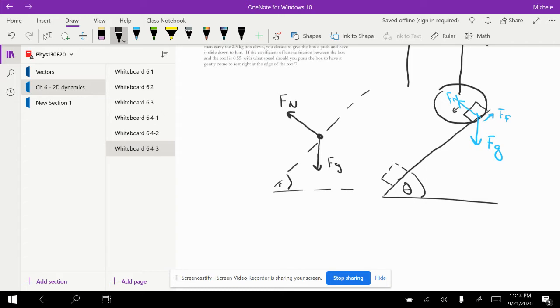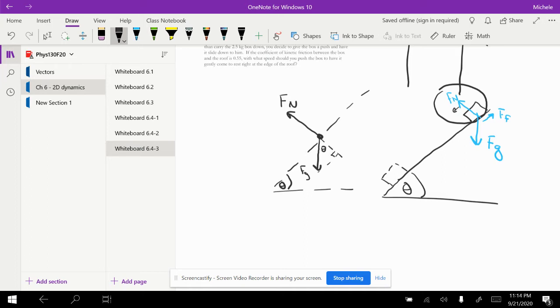This is my theta here. So if that's that theta, then I know that this is going to be my theta. I'm going to move the force of gravity out of the way. So this is my force of gravity, and this is going to be my right angle.